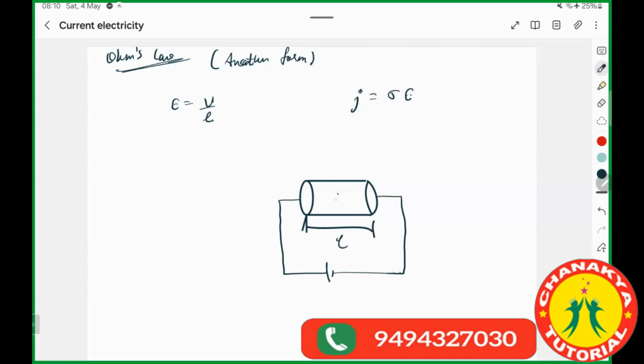Connected. So here, electron drift is in this direction, electric field in this direction, current also in this direction. This is your V. Drift of electron means motion of electron in this direction.